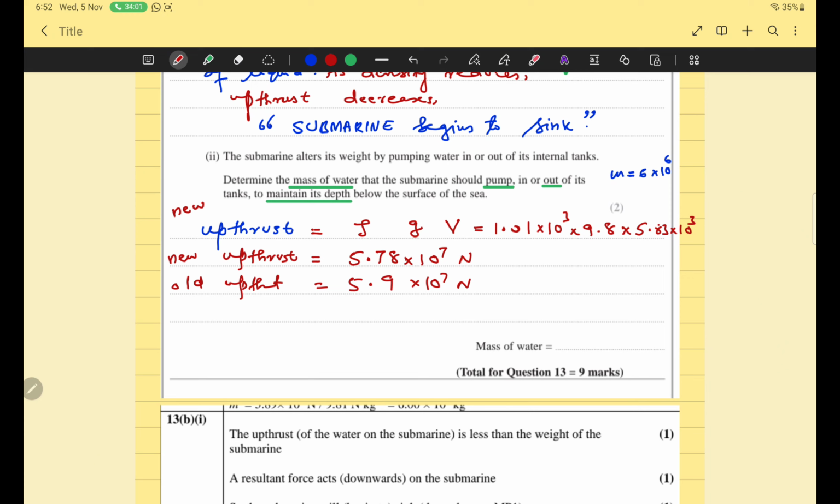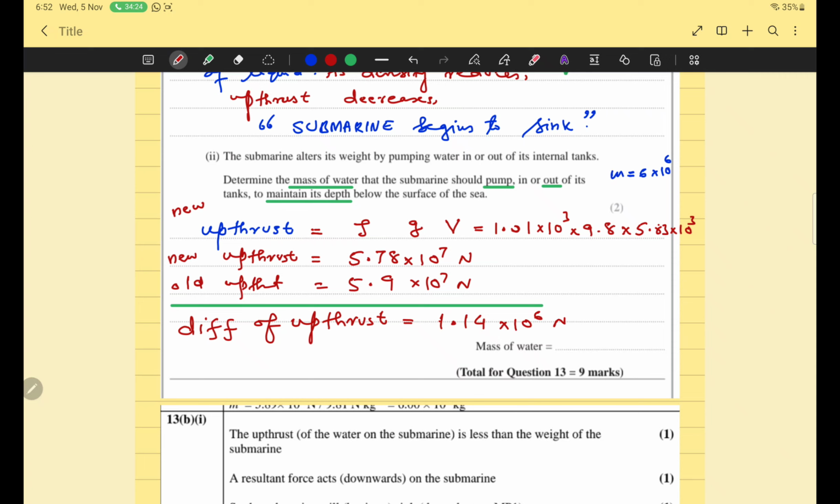So if you calculate their difference, it will give you the difference of upthrust. If you subtract them, then the difference of upthrust will be 1.14 × 10^6 Newton. This is the change in upthrust.